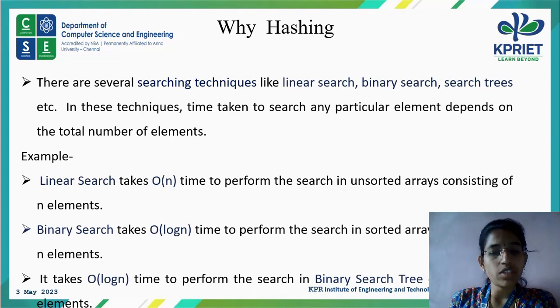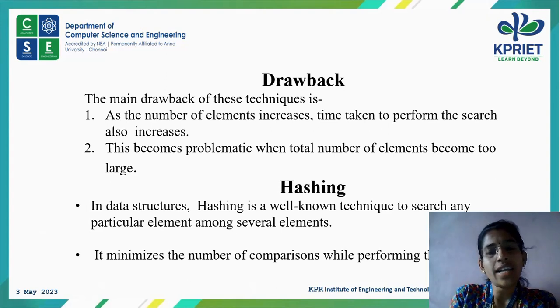When we use the binary search tree, it also takes the same time, big O of log n. It also depends on the number of elements. So all the techniques are easy, but we struggle with the size of the list or array. The problem becomes serious when the total number of elements becomes too large.